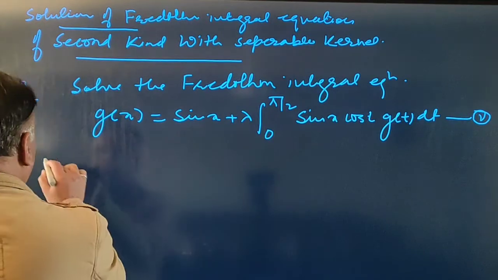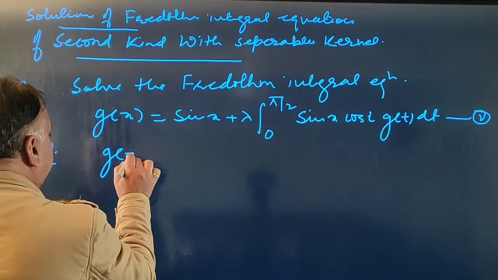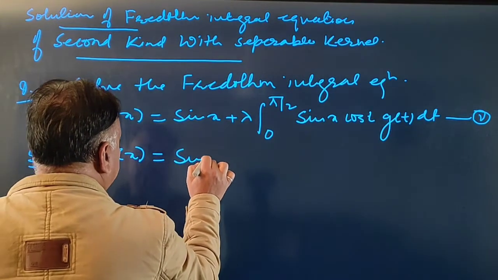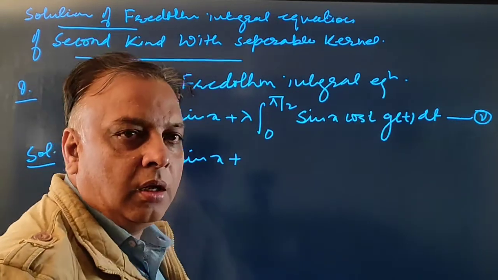Now to solve this problem, the problem is given as g(x) = sin x + lambda integral. This can be written by separating the kernel.